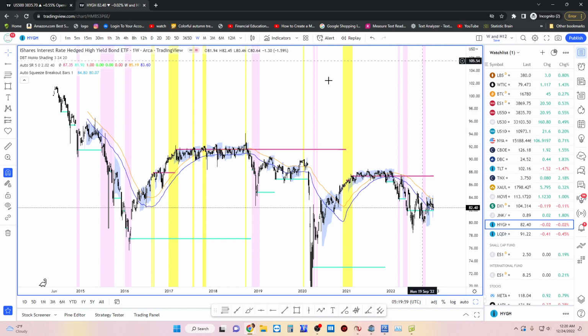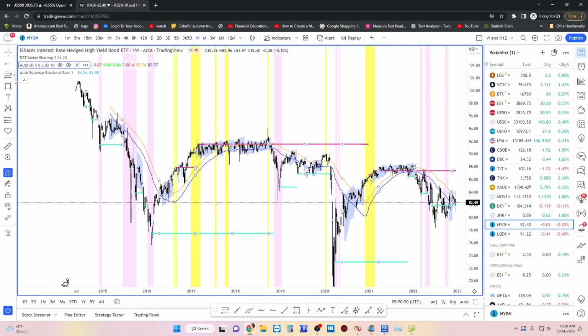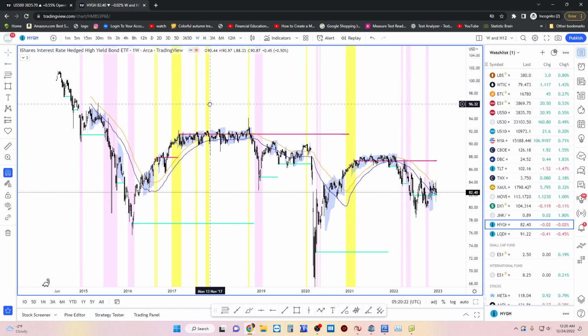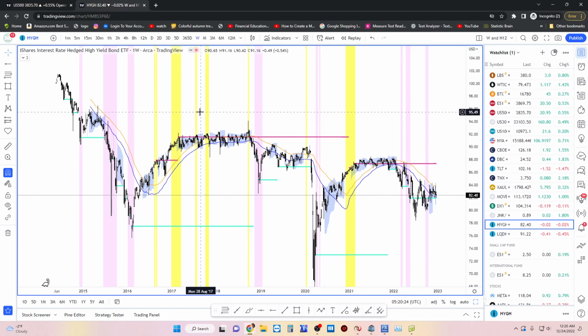You can see when it's in the trap zone, when it's getting ready to be trapped, or when it's trapping: trap the bears here, trap the bulls here.